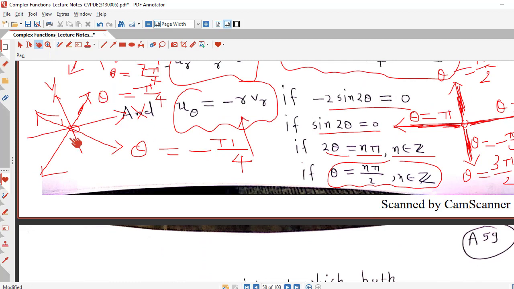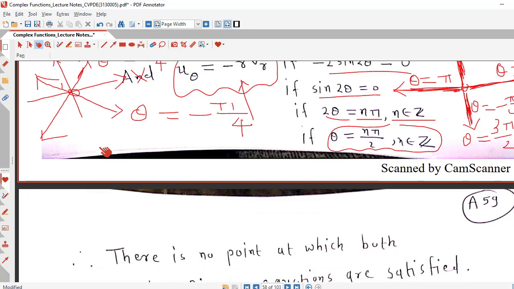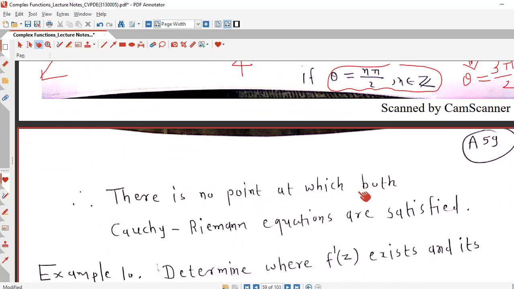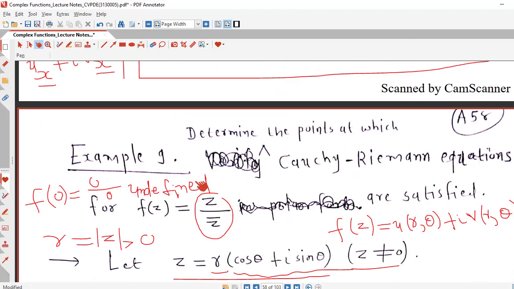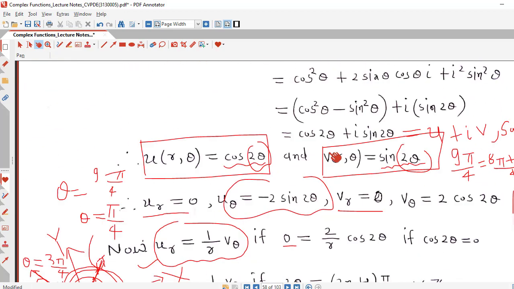The first is satisfied if θ is a multiple of π/4, that means on these two lines, and the second on the axes, and we are not taking z equal to 0. Therefore there is no common point at which both Cauchy-Riemann equations are satisfied. So this is an interesting example. We have to find out the points at which the CR equations are satisfied. So the conclusion is there is no point at which the Cauchy-Riemann equations are satisfied.